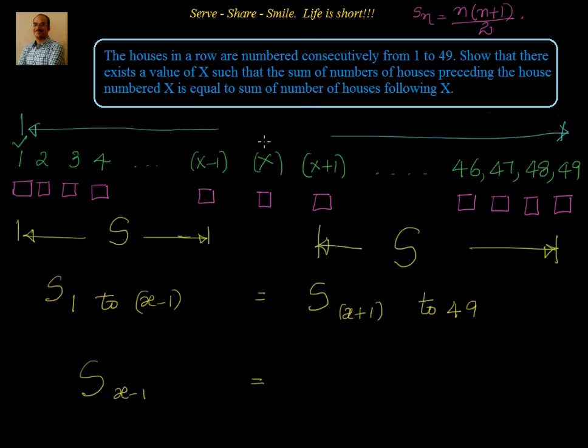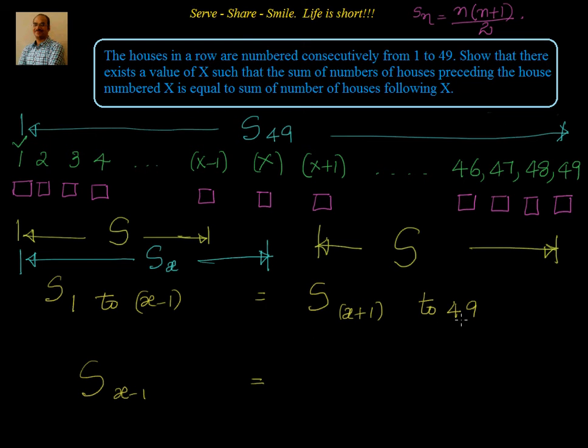So this is equal to the sum of all 49 terms, and from that I subtract the sum up to x terms, which gives the sum of x plus 1 to 49. So you can see that now S of x plus the sum of x plus 1 to 49 is equal to the sum of 49.